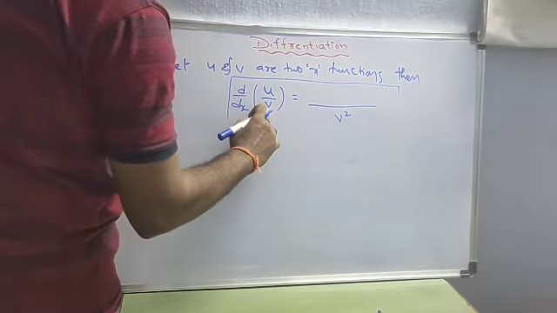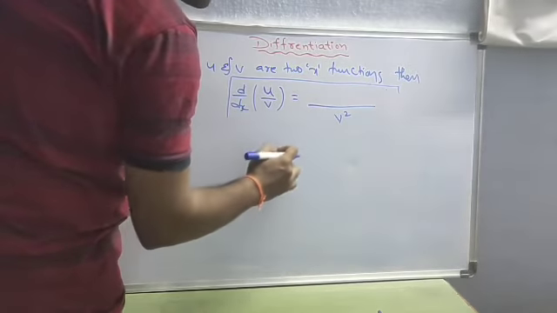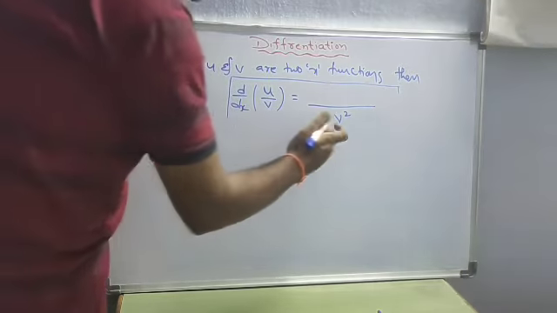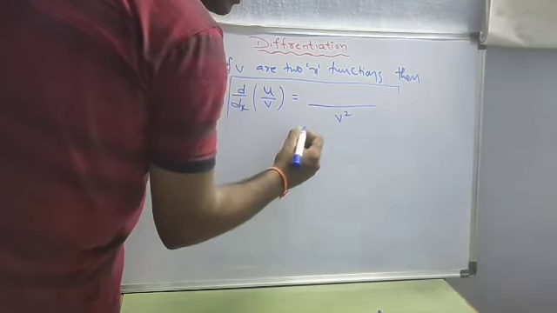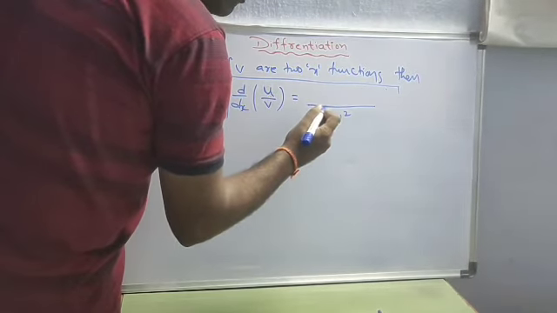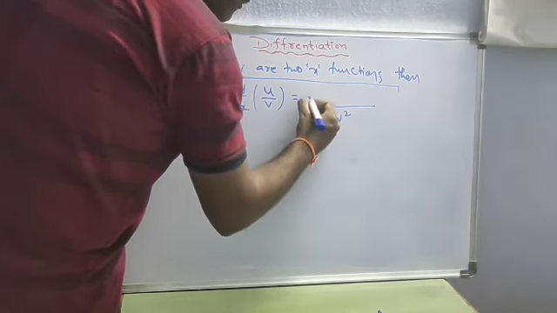In the place of v, if you take v power minus 1, you will get this value. I am not deriving this. Already you have some idea, so that's why I am taking it directly. I am just saying the formula, and giving the clue of the procedure. In the denominator compulsorily you have v square.